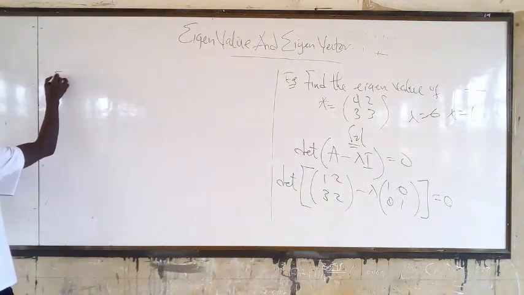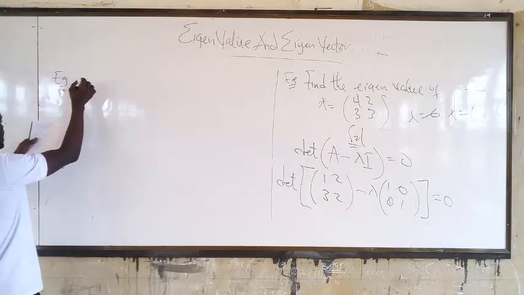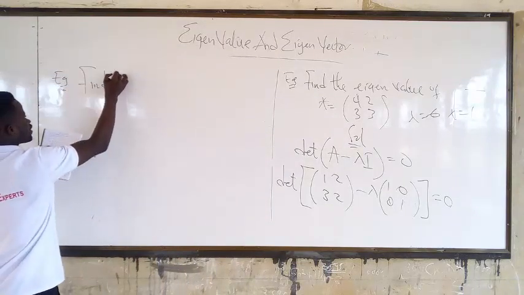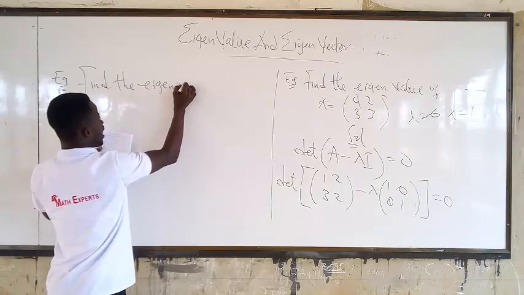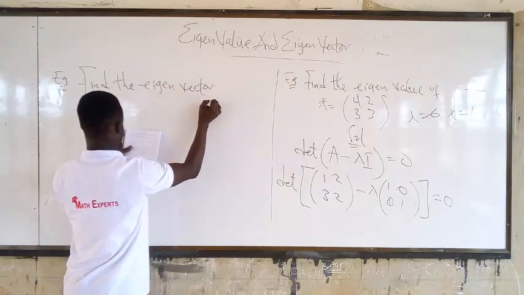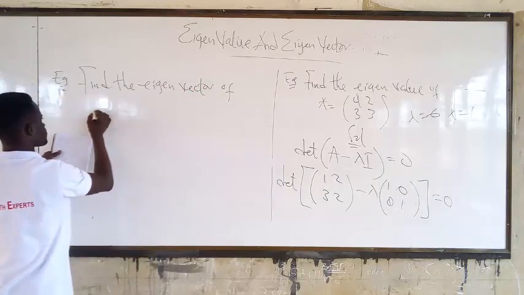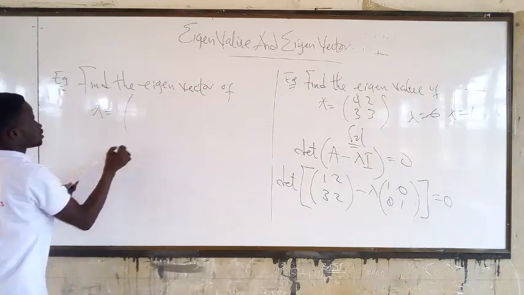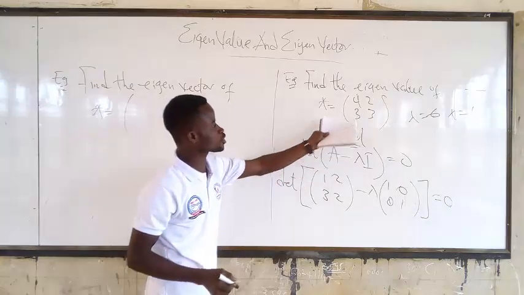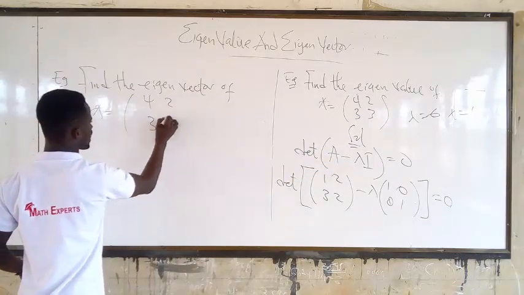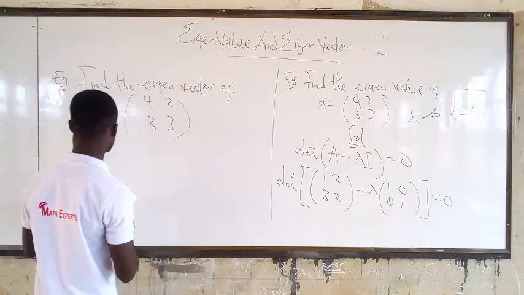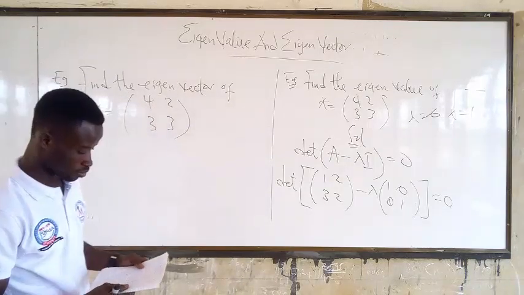So now, let's go to our next question under that. Find the eigenvector of this square matrix. We are going to use it to find the eigenvector. Good.